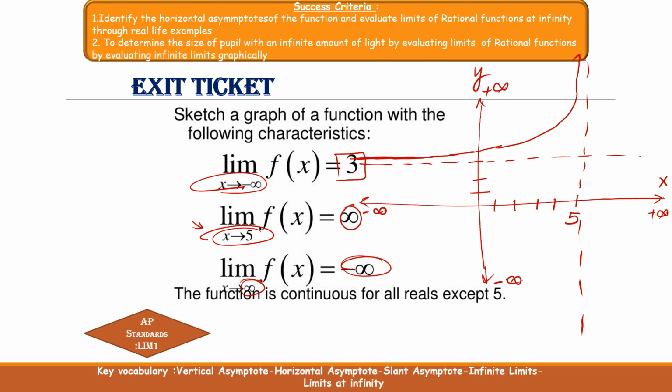But have you seen that here it is saying x is approaching 5, not from the left, not from the right, but from both sides, the answer is positive infinity. So when the graph is reaching positive infinity, I make it like this. But also they are saying that when x is approaching positive infinity, the y value is negative infinity. So I can make it like this, because the graph is going to the downward side. I can make any kind of graph to show these conditions.